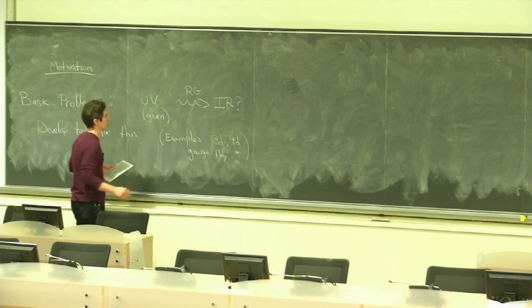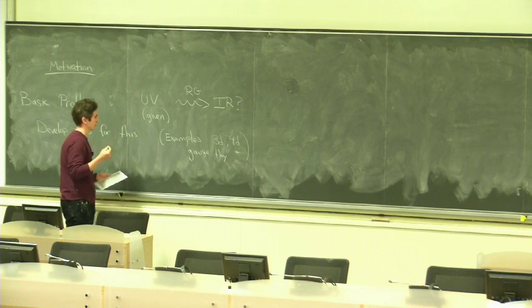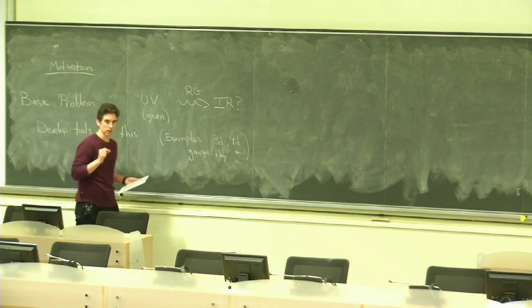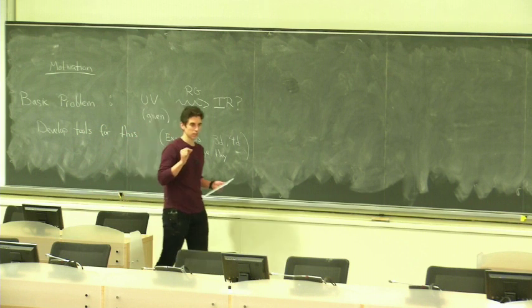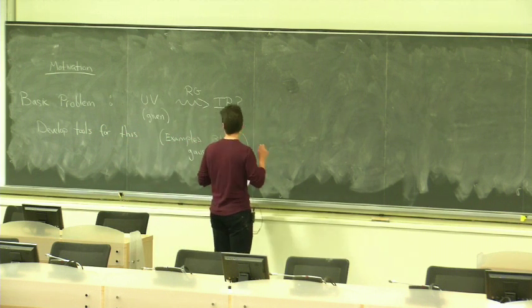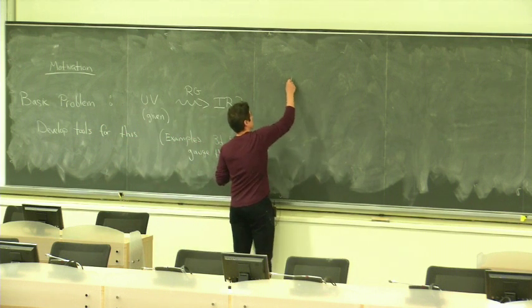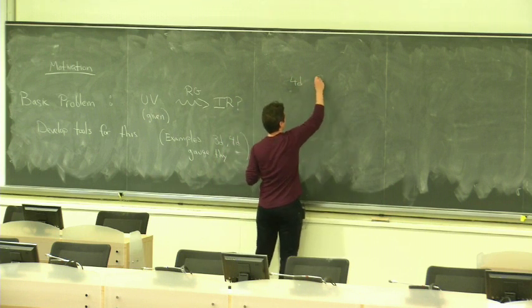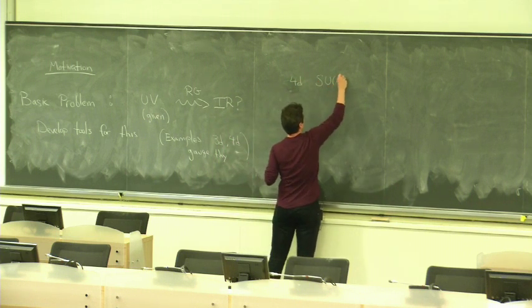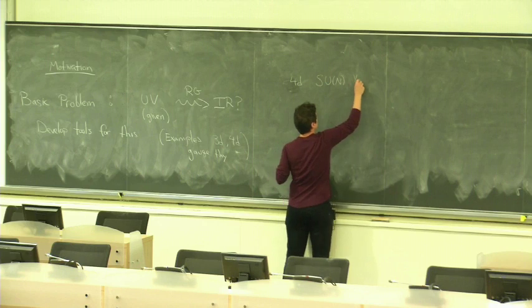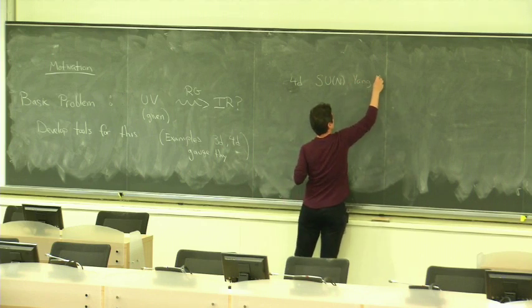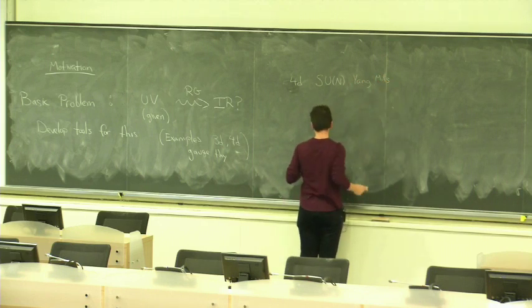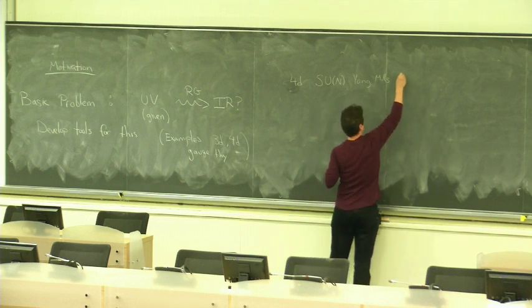Of course one can run this in general, but really we'll see that there are new things to say even about extremely basic gauge theory examples. So let me highlight one of them. Let's study 4D SU(N) Yang-Mills. And here I will mean without matter.